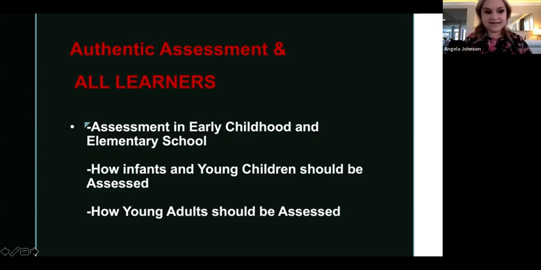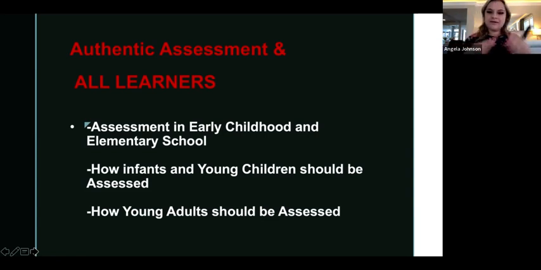If I know a student cannot sit down for 10 minutes to do an assessment with a paper and a pencil, why am I going to think that that's the best way to assess that student? And I know that student is going to fail because he or she cannot sit there for 10 minutes and do that assessment that way. If I have a conversation about the content, why can't I know if that student learned or not by having a conversation about the content? Why can't that be an alternative? Does that make sense?